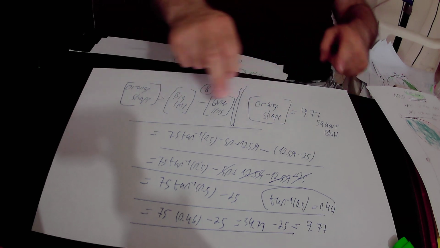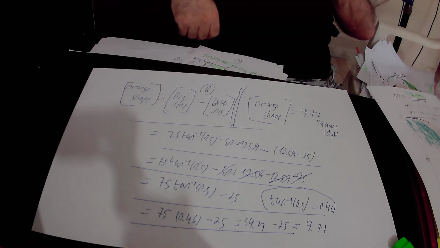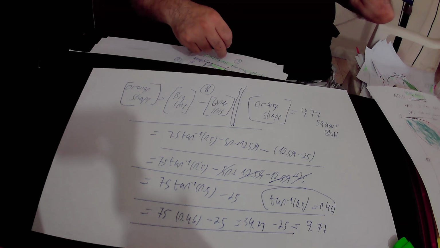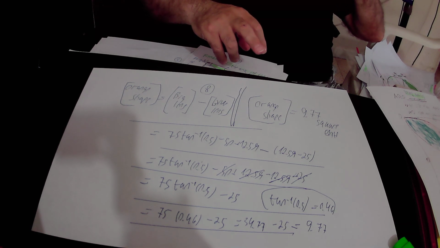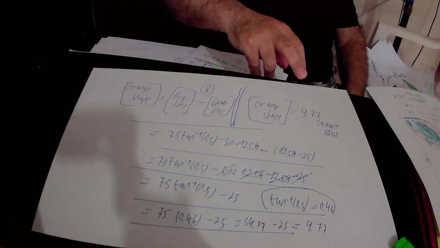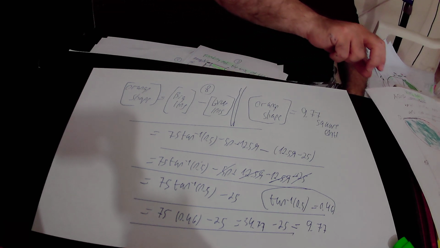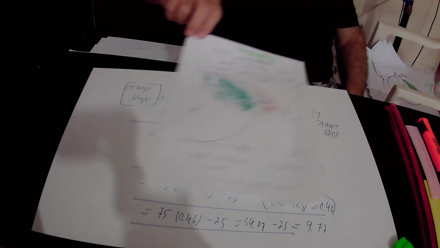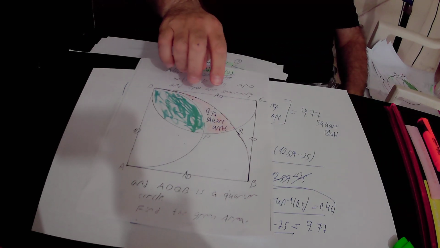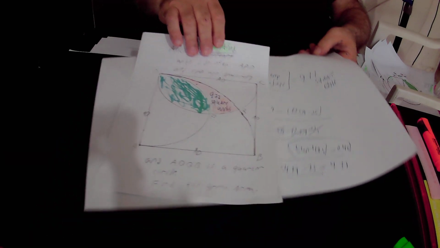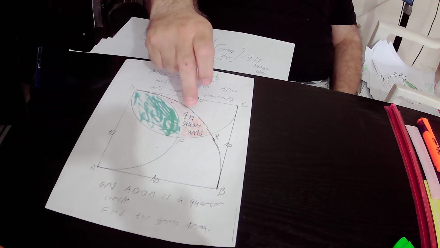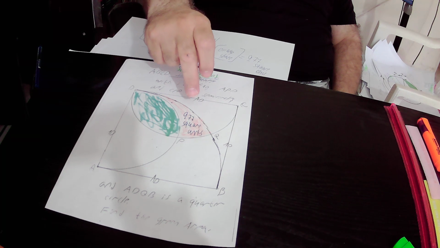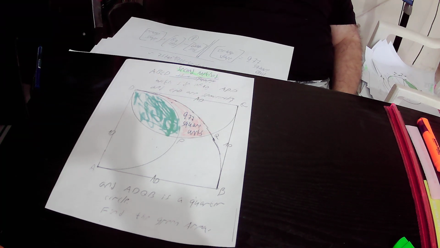We subtracted the two areas from each other, and we got that the area of the orange shape equals 9.77 square units. So here, in both methods, we arrive at the same result: the area of this orange shape equals 9.77 square units.